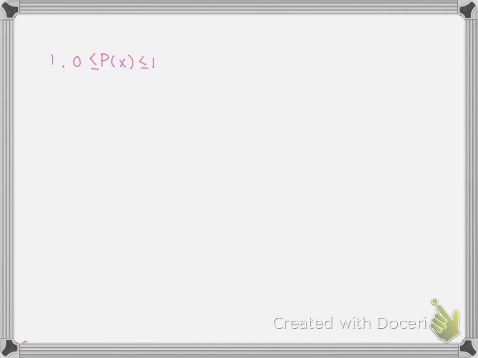That is the first condition. And then the sum of that probability has to equal 1. If these two rules are not followed, we do not have a discrete probability distribution.